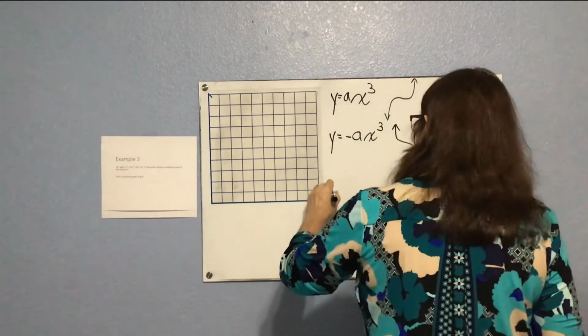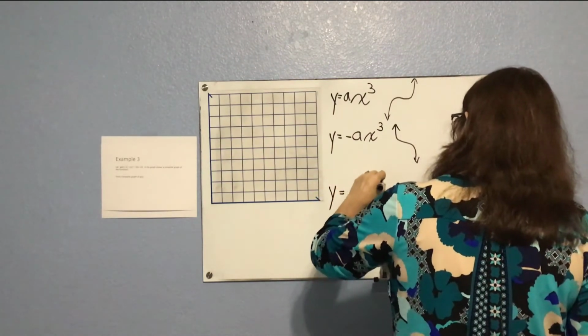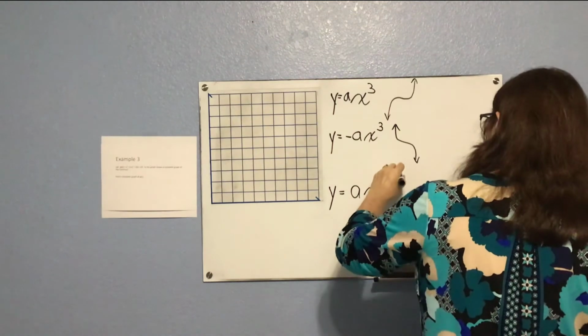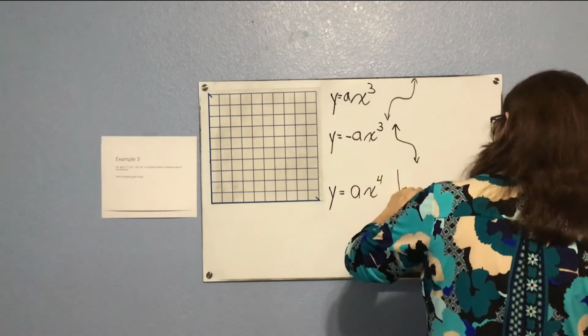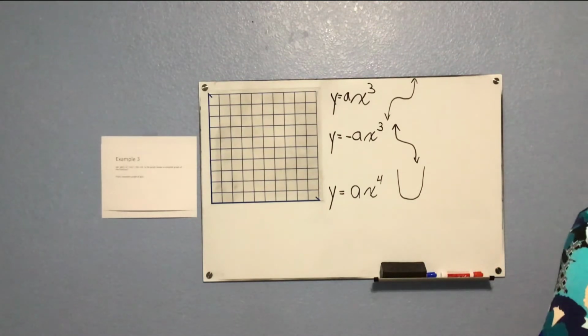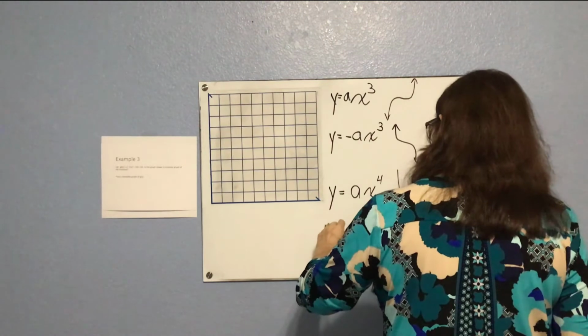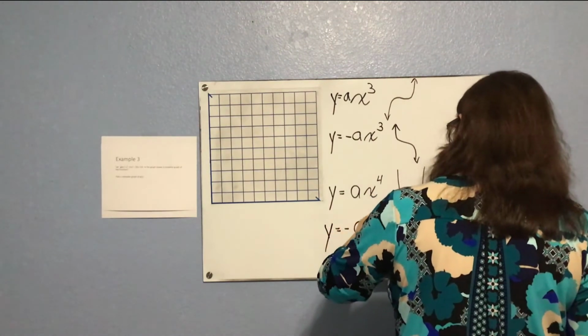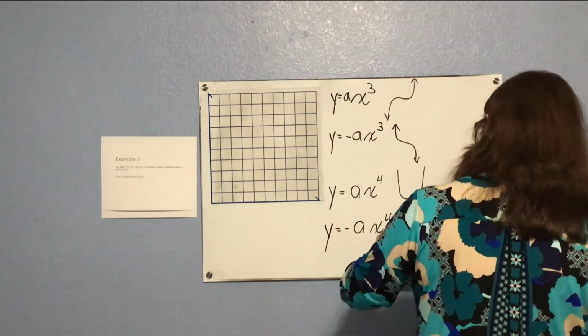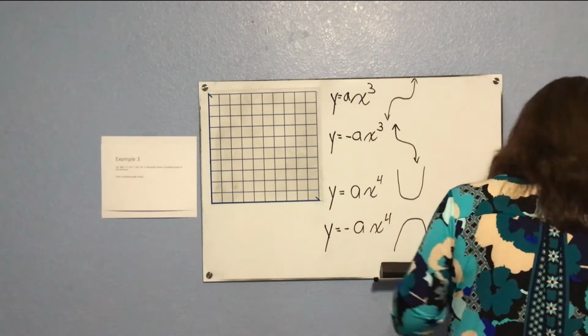In our example, we saw that a 4th degree polynomial looks something like a parabola, but a little bit flatter on the bottom. And if that a happened to be a negative number, that also would flip that graph over.